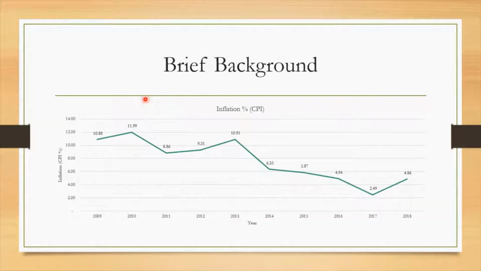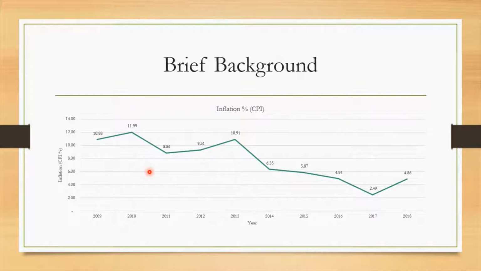Before we begin, just have a cursory look at this inflation graph. The reason why I took the starting year as 2009 is because this is the year when we emerged from the global financial crisis.